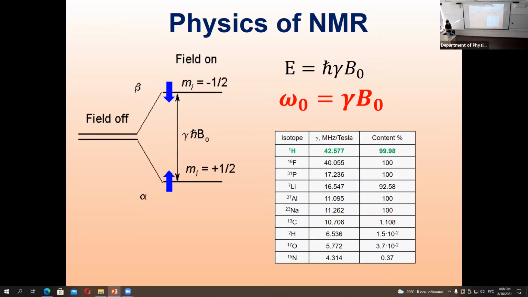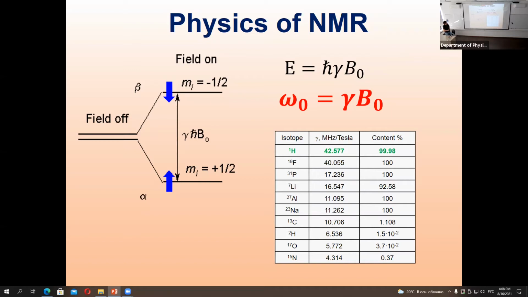If you have the nucleus of, let's say, simple hydrogen, you apply a field of 1 Tesla, and you get a frequency of 42 megahertz. This frequency is not high, it's not low, but this frequency can be somehow detected.